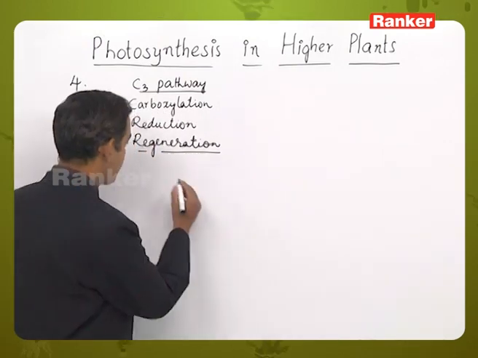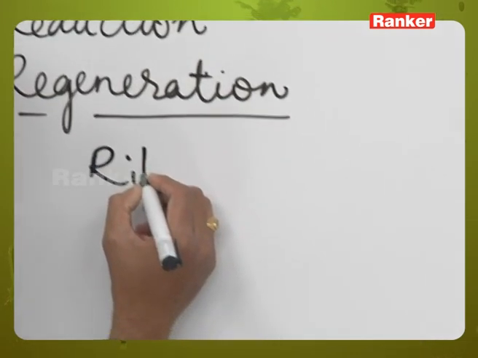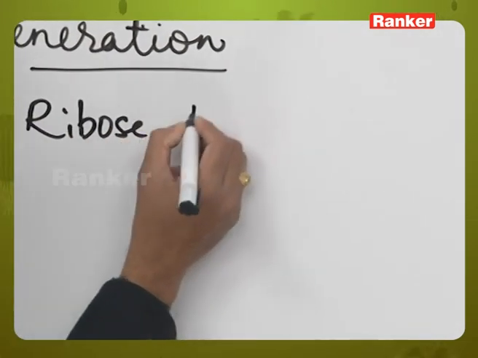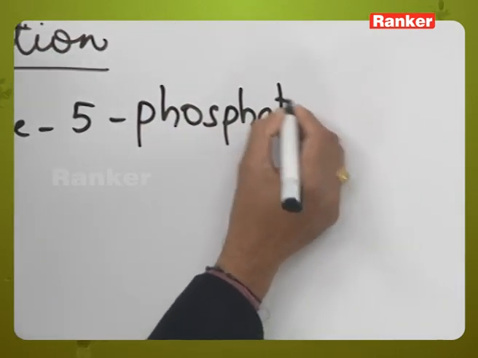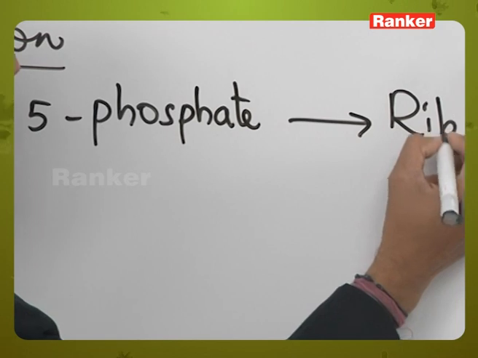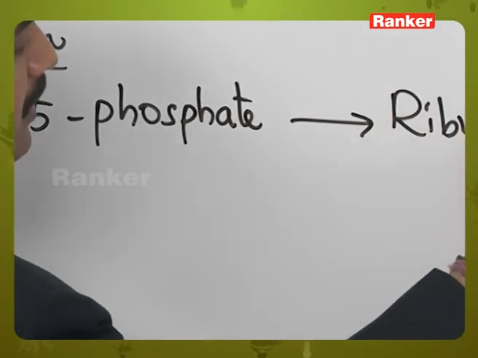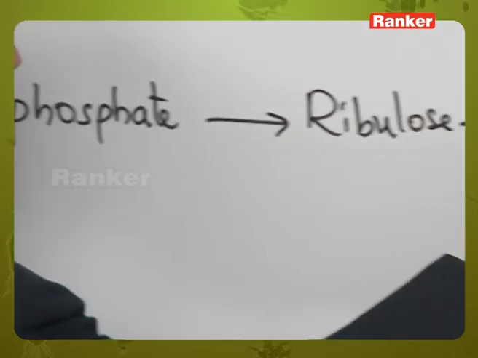So let us take the first one, ribose 5-phosphate giving rise to ribulose 5-phosphate.